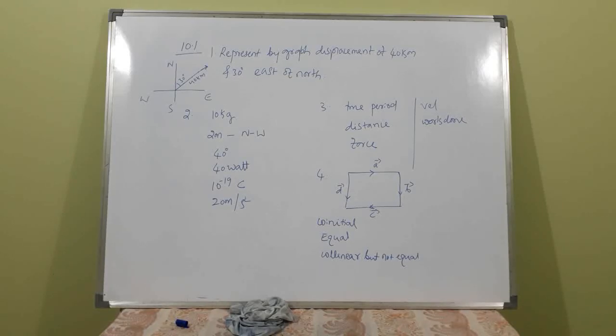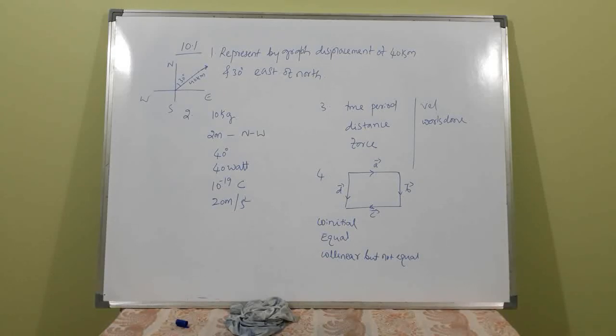Next, fourth question. One square is given and directions are mentioned. See the figure there. You are asked to find co-initial vectors, equal vectors, and collinear vectors but not equal.